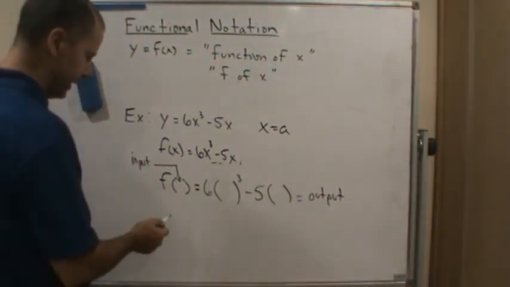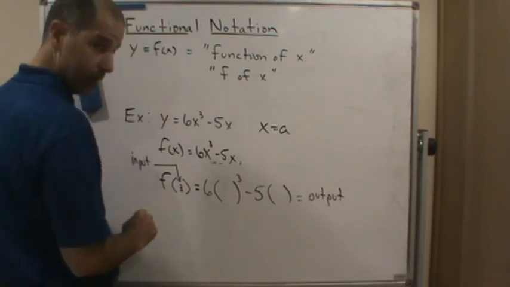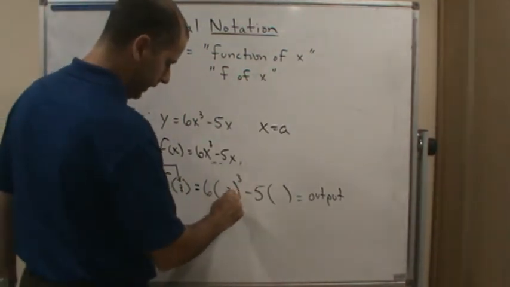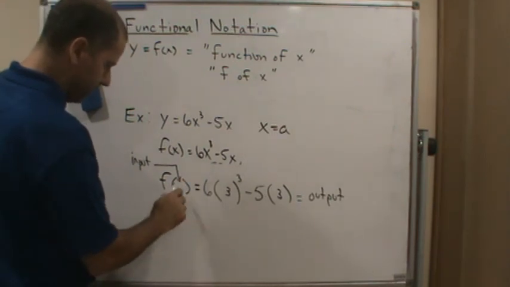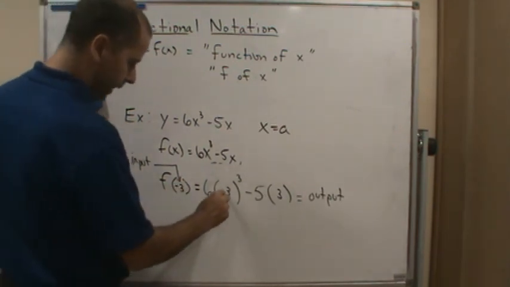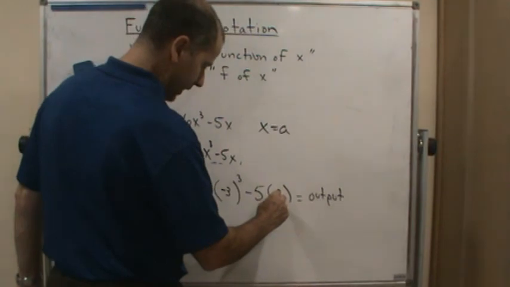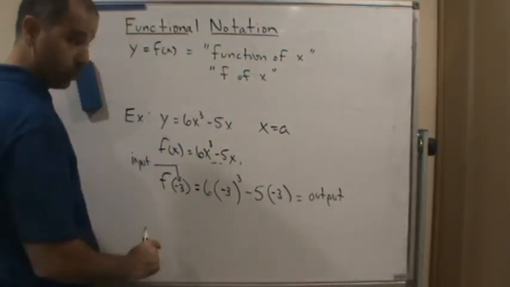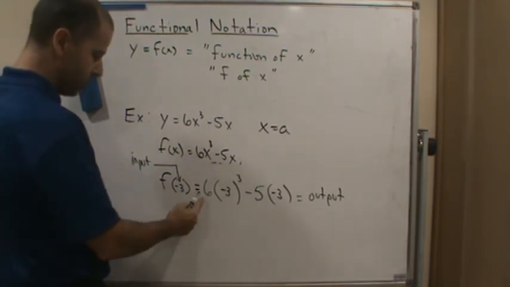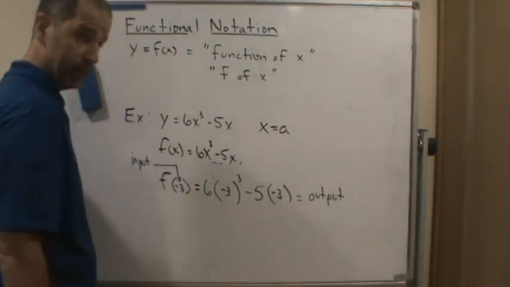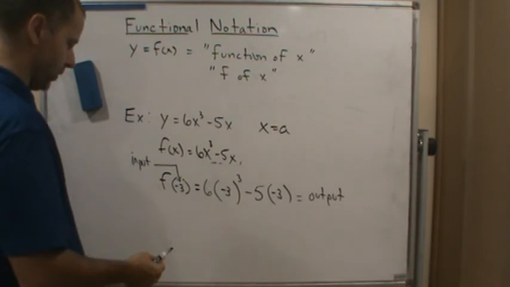If I put in 3, then I have to put in 3 here and 3 here. If I put in -3, then I've got to put in -3 here and -3 here, which is crucial. When you're dealing with negative numbers, make sure you include the negative numbers in the parentheses.